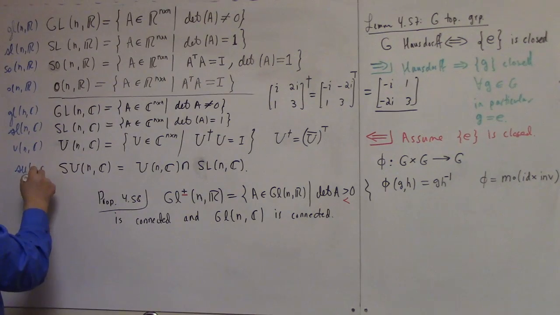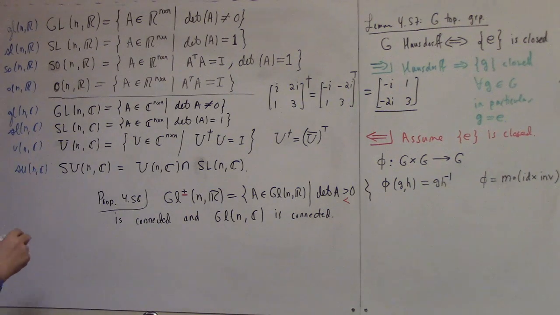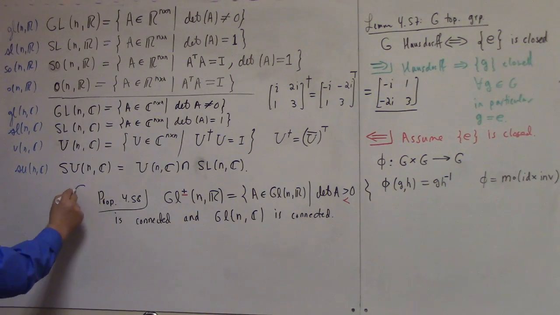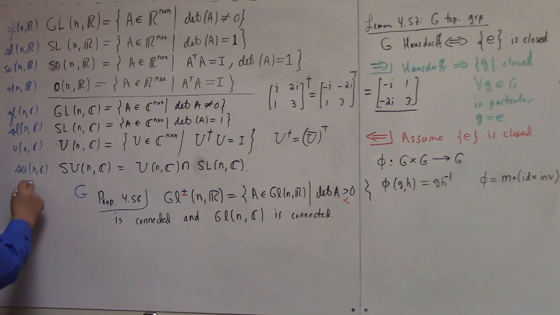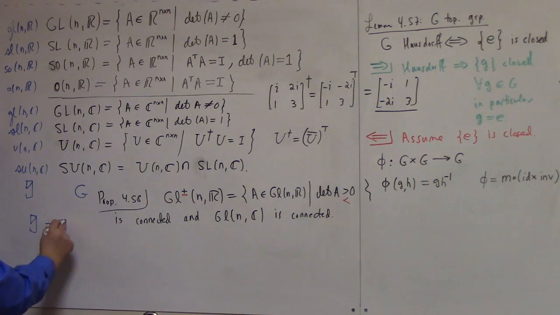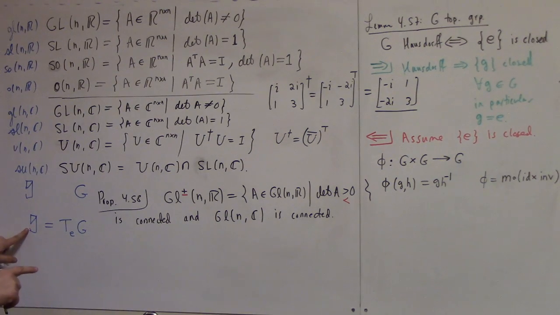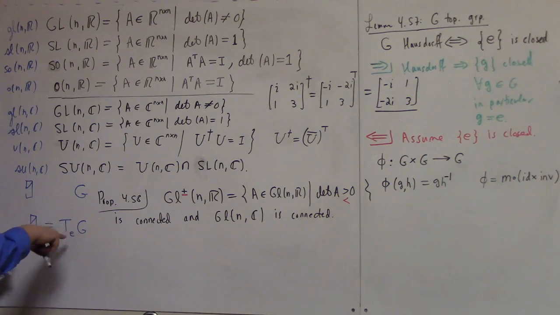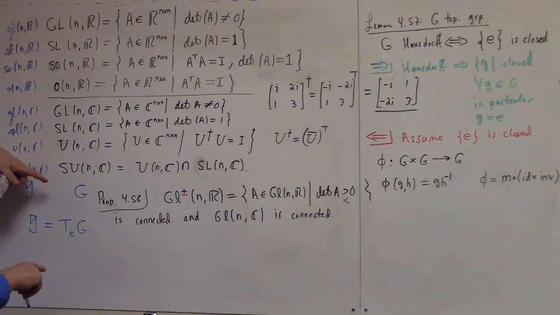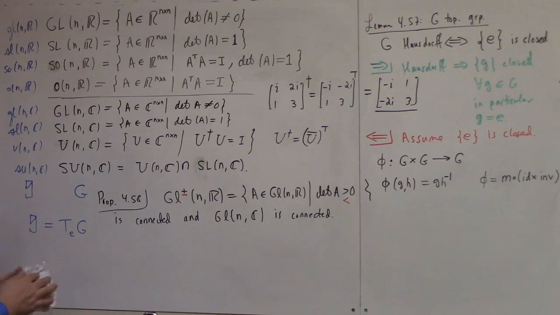SU n C. These are all, so basically what you have here is G. What you have over here is what's called frak g. And frak g is identified with the tangent space at the identity element of G. This is a Lie algebra. It induces this Lie algebra structure through the bracket of vector fields at the identity of the Lie group. In fact, these are all Lie groups because it's not just that these are continuous; they're in fact smooth. But that's for another day. So just saying. Do we go over all those other kinds of groups in linear?